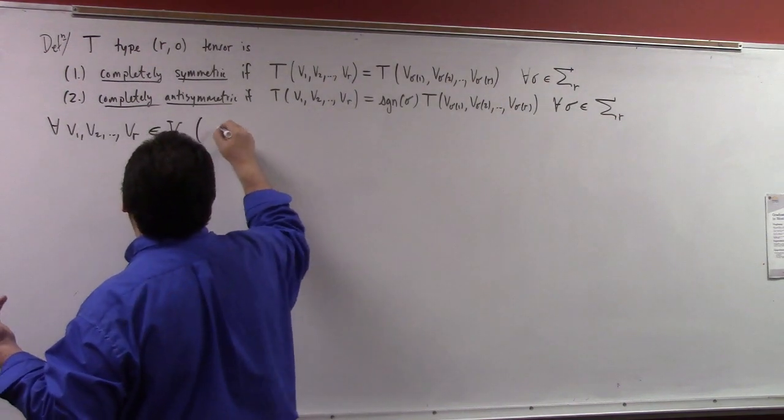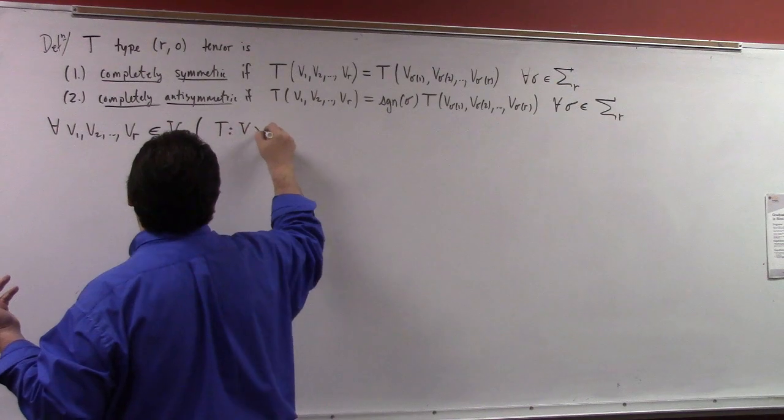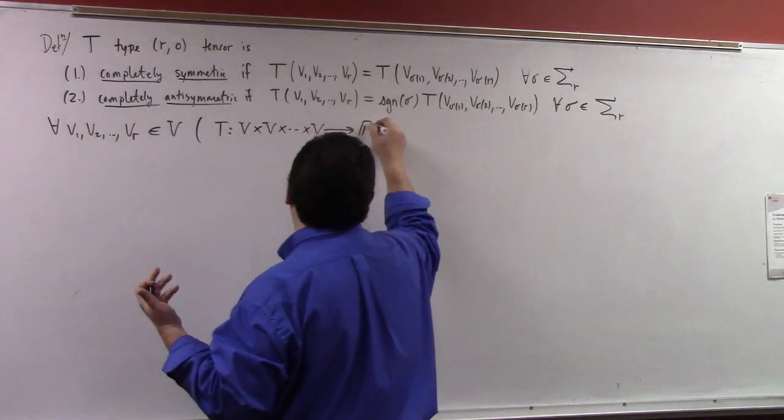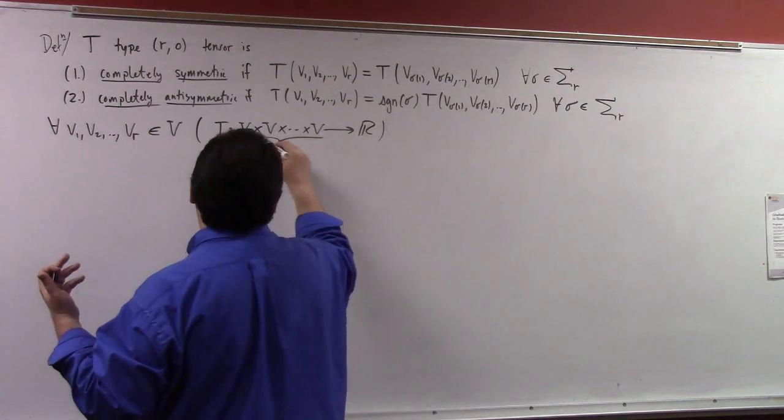Of course, we're assuming here that T is a mapping from V cross cross V to the reals, and there's R fold of these.